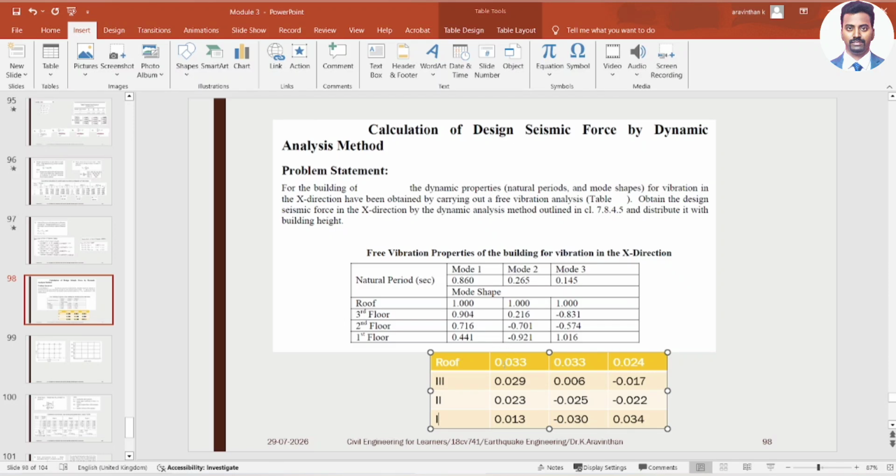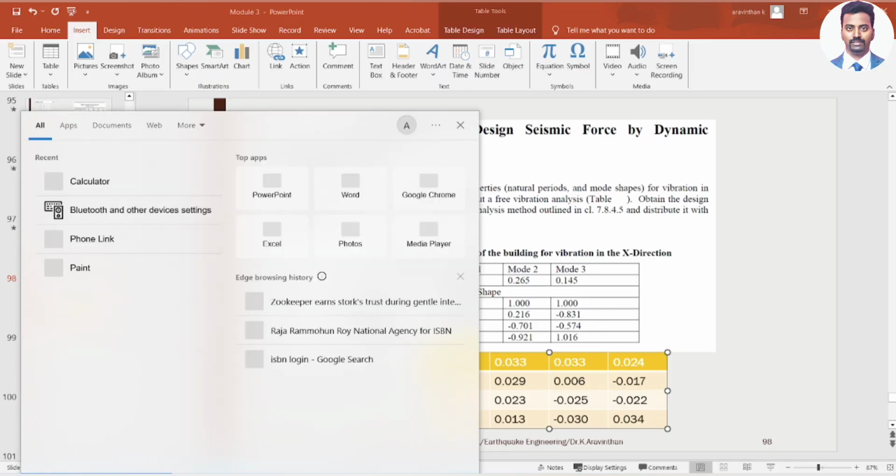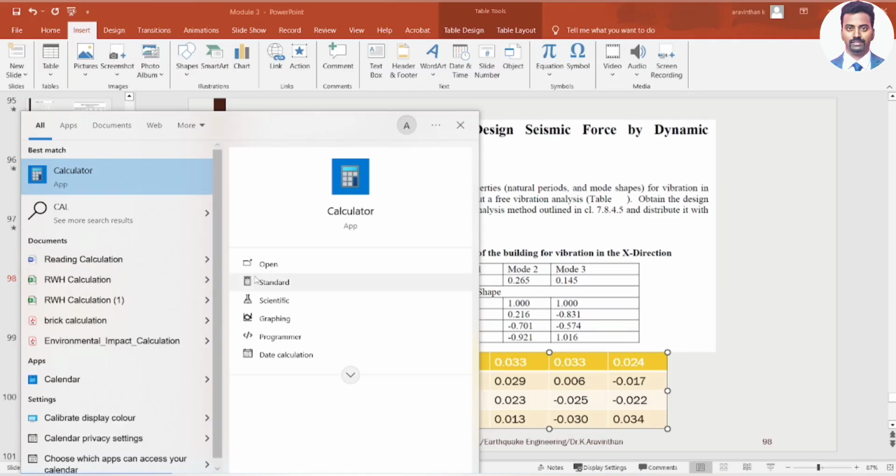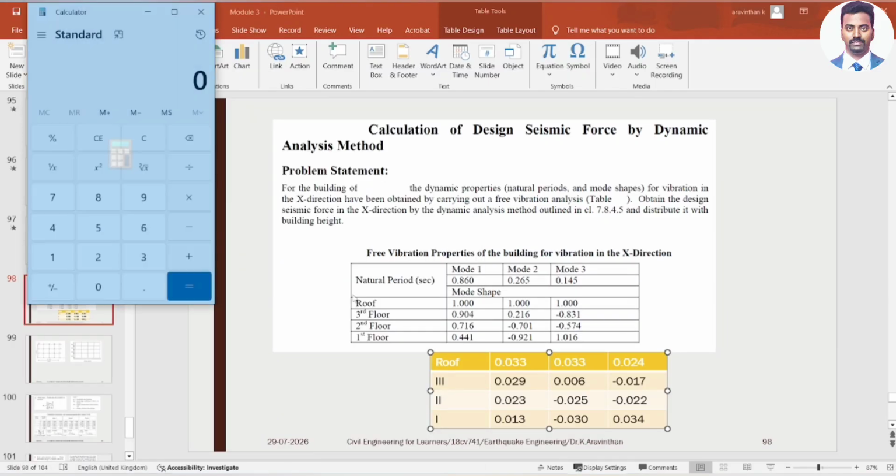When we are dividing this value, we will be getting the mode shape. So for roof to the third floor, you have to divide 0.29 divided by 0.033.